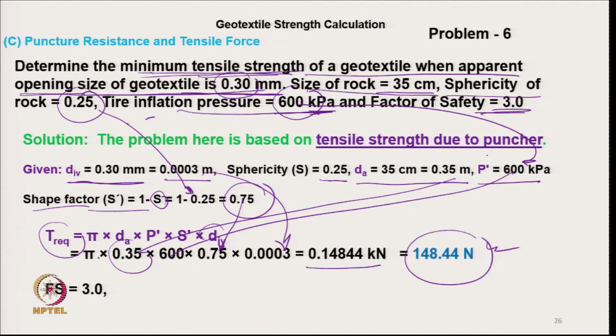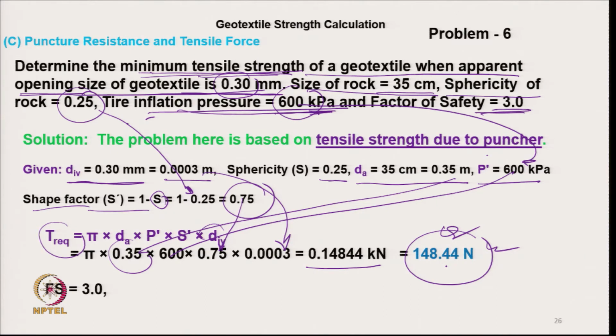This is the value which we get, which will be required to sustain these conditions in the field. So in the field condition the minimum value required is 148.44, otherwise we will not be able to survive.